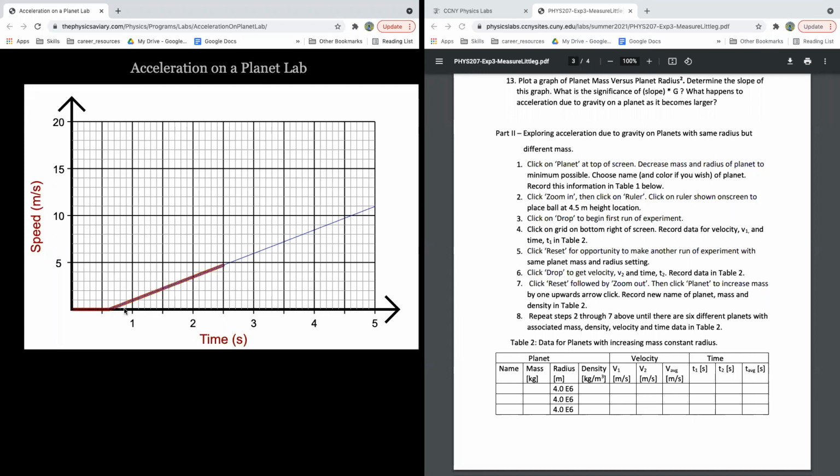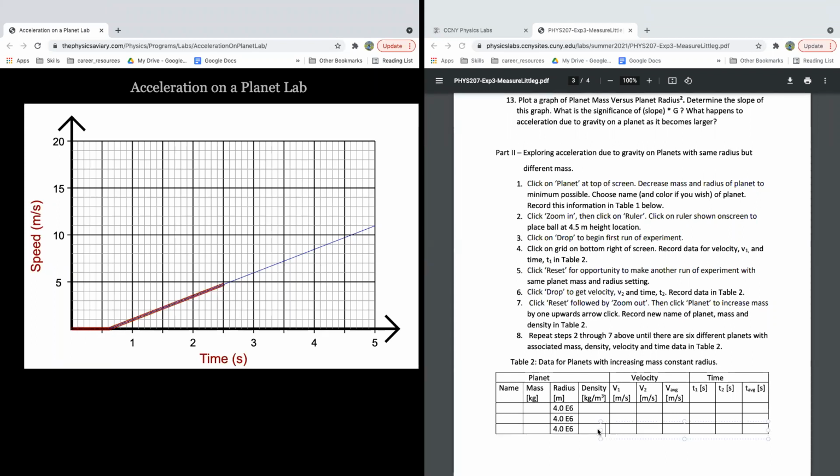T1 is from here to here, which means 2.5 minus 1.2, so T1 equals 0.6 second. This is how we calculate T1.